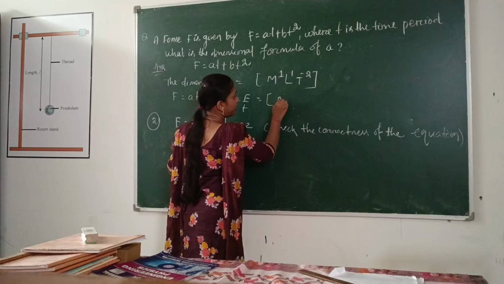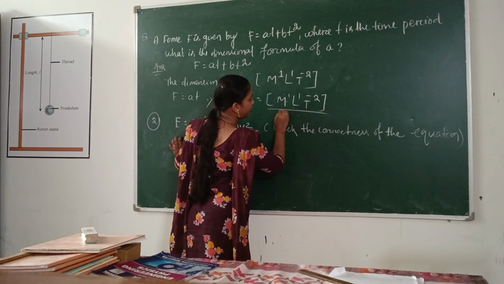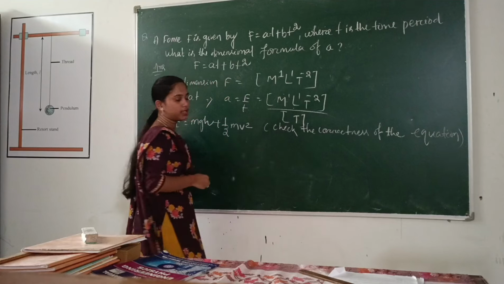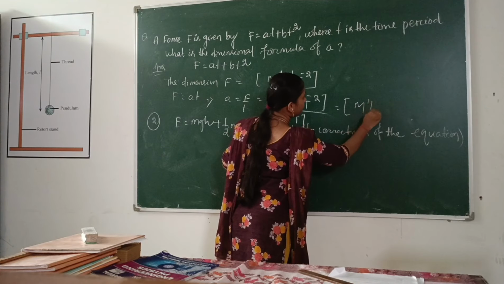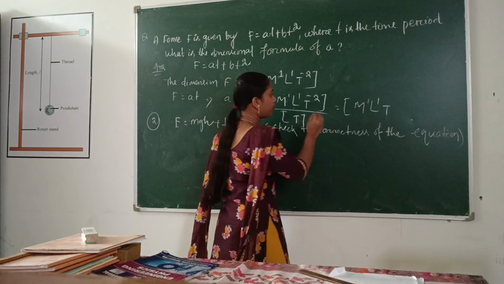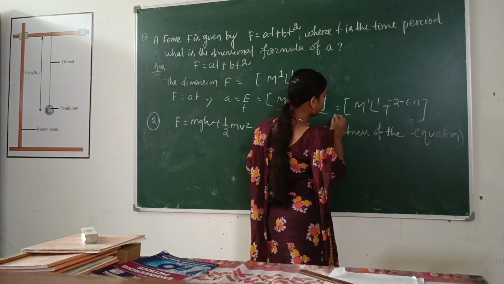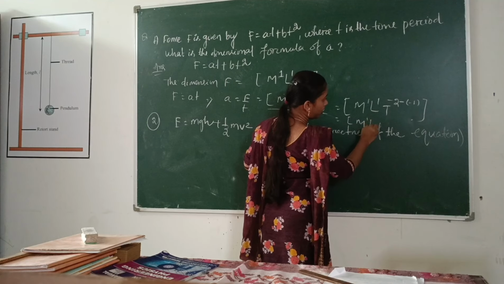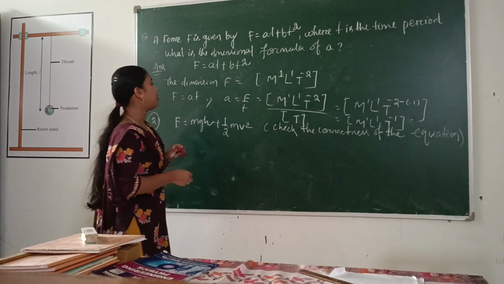So the dimension of F is m1, l1, t to the power minus 2 divided by the time period, that is t. So the final expression is m1 l1 t to the power minus 2 minus of minus 1, that is equal to m1 l1 t to the power minus 1. This is the dimension of a.